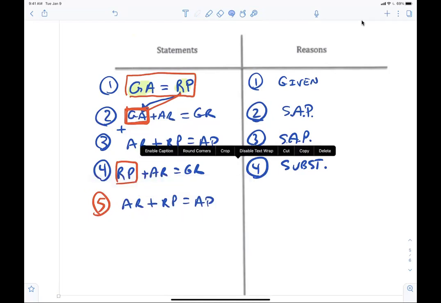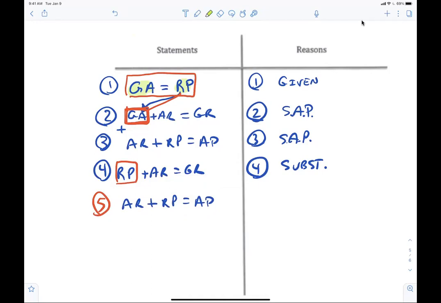Now what I'm trying to do is show you AR plus RP. What is AR plus RP the same as? What is it? AR plus GA. RP plus AR. Look, I'm highlighting something else now. AP.